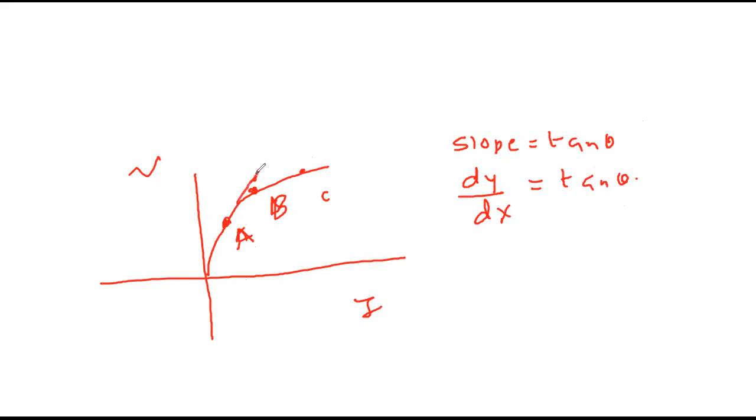If I draw a tangent at A, this is the angle made with the x-axis. At B, this is the angle made. So is theta A more or theta B more? A is definitely greater. For C, if I draw one tangent, is it smaller than B or greater than B?